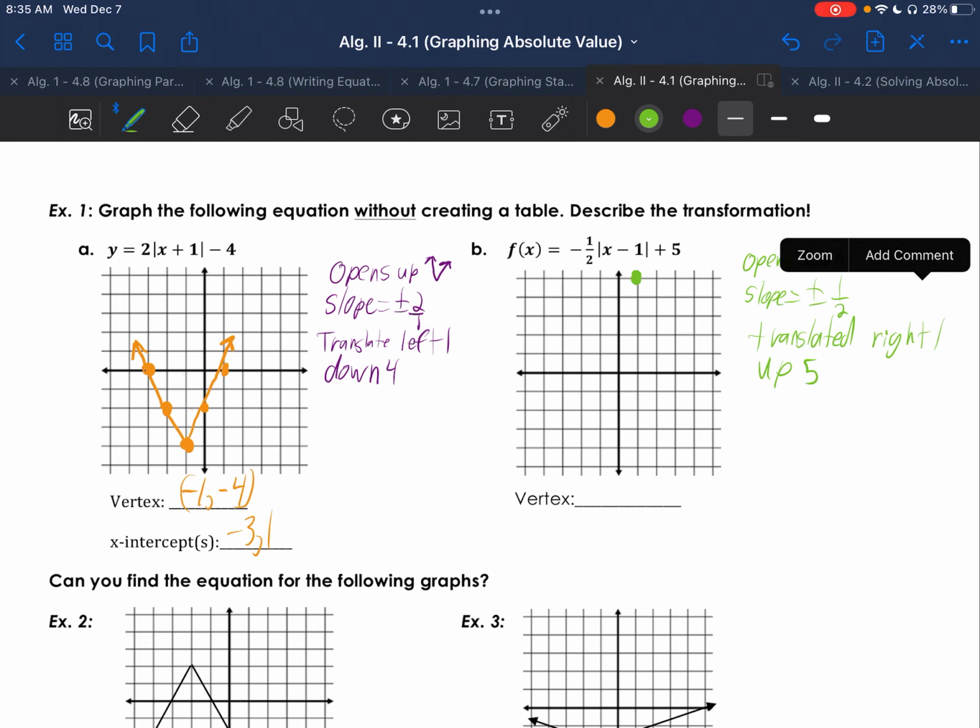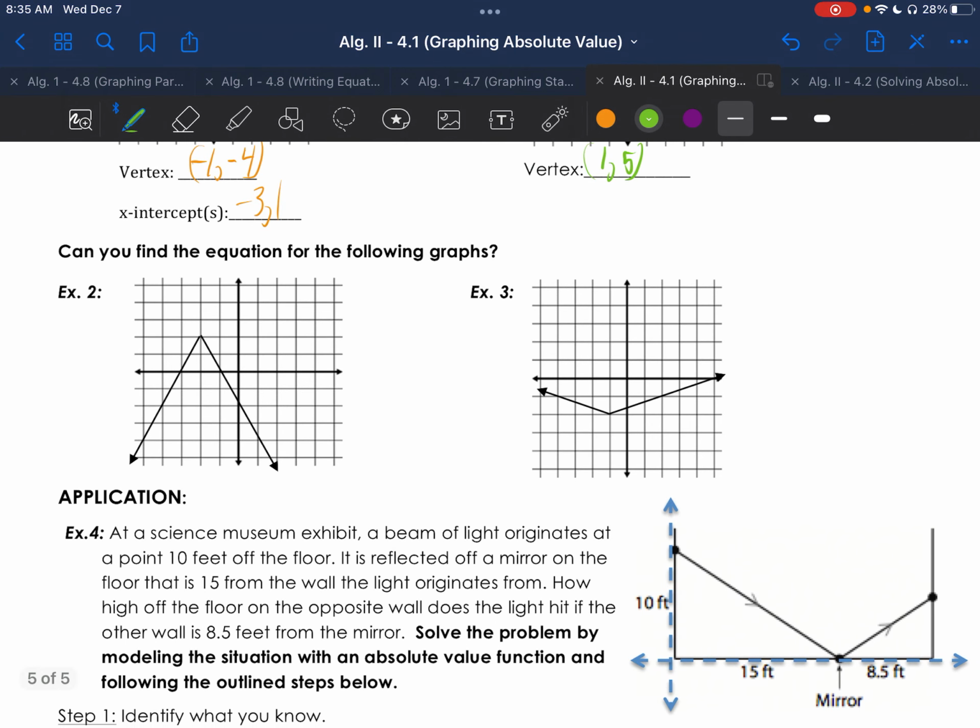So we'll go right 1, up 5, and it opens down with a slope of 1 down, 2 right, or 1 down, 2 left. And the vertex would be at 1, 5.